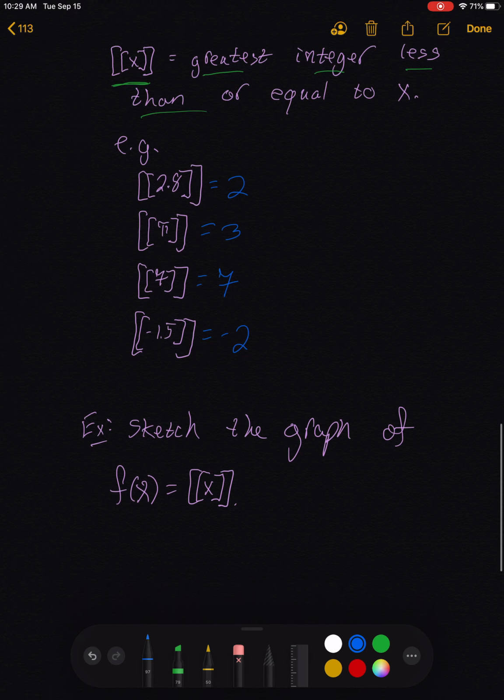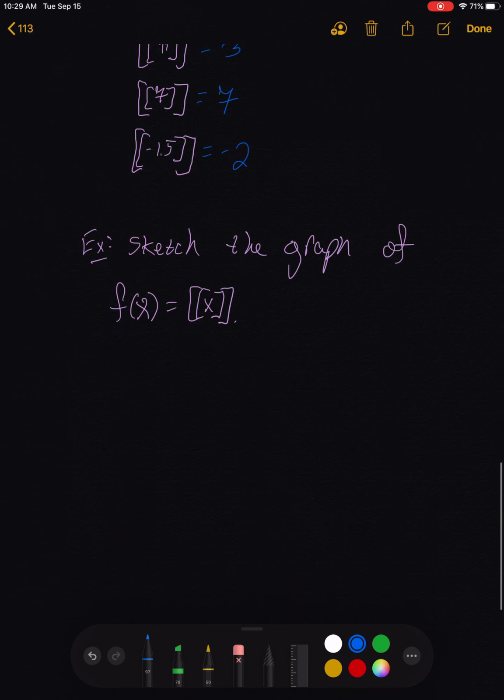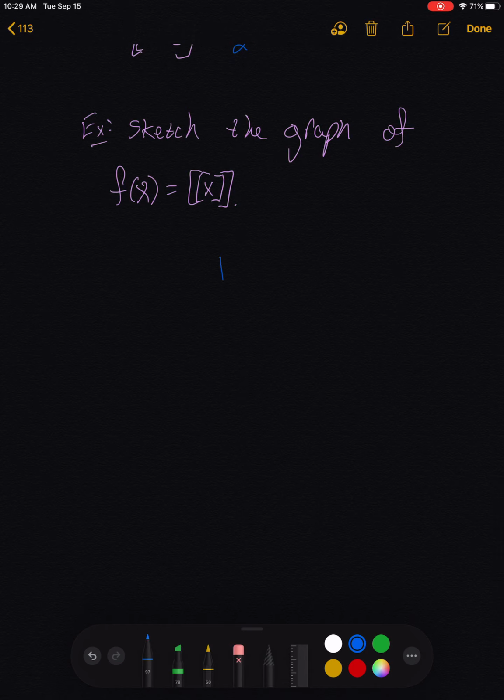Okay, now suppose we wanted to sketch the graph of the greatest integer function. So the greatest integer function is actually a piecewise defined function, where its rule changes based on the input for x, and in each case, it yields a constant. So just let me get my coordinate system here.